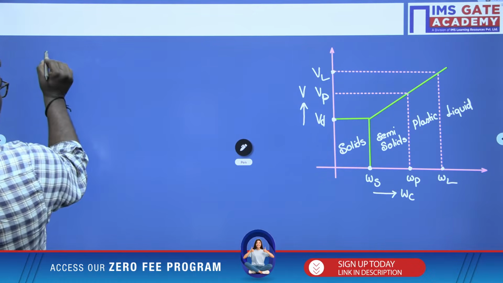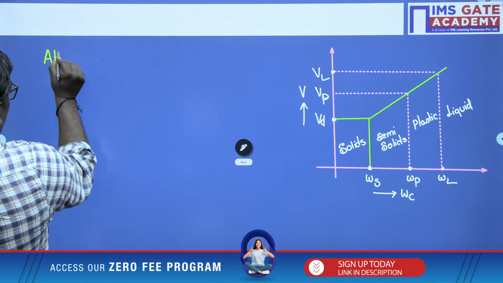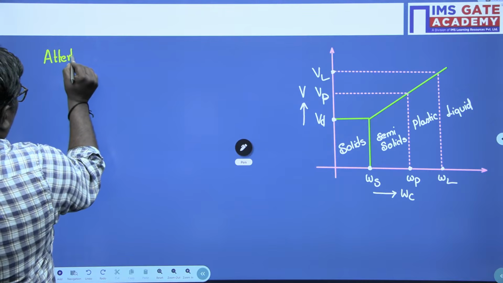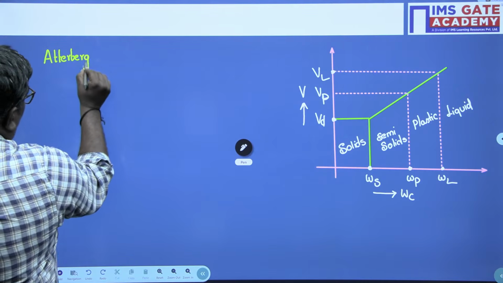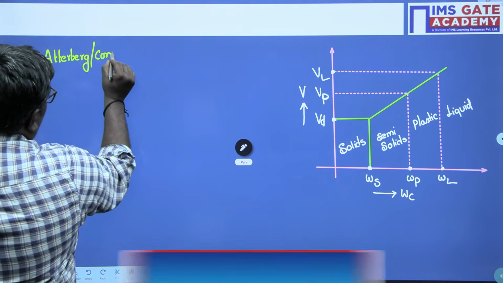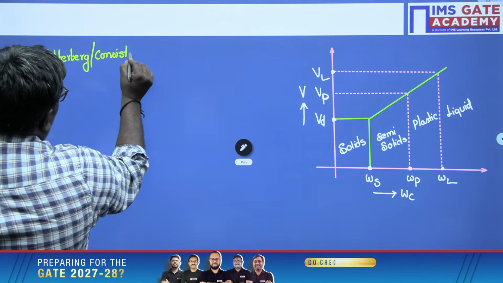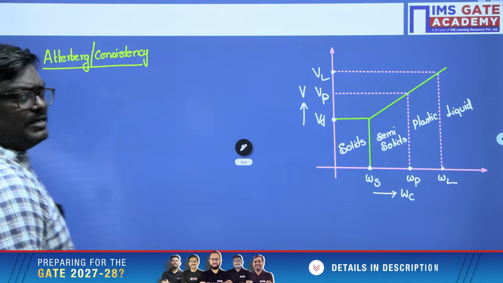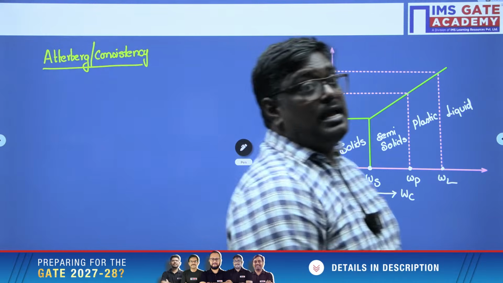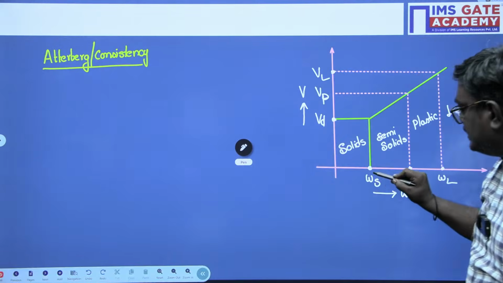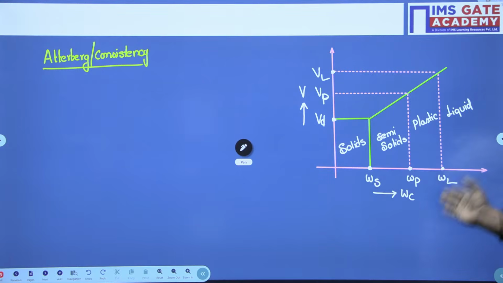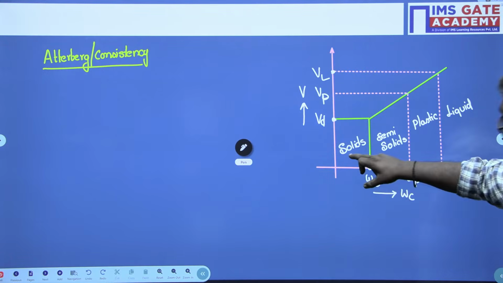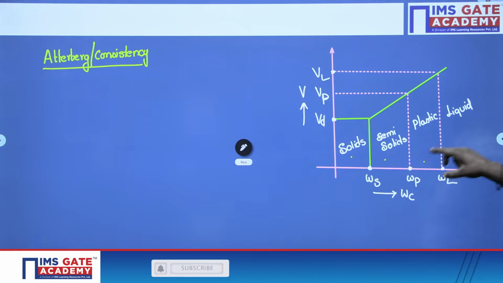Now, my dear students, there is a concept called Atterberg limits, also called consistency limits. What are they? These are the water contents at which soil passes from one state to the other.